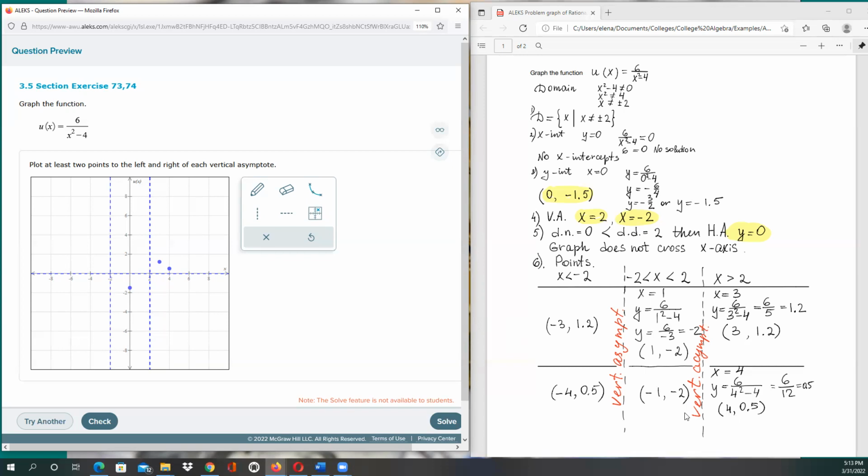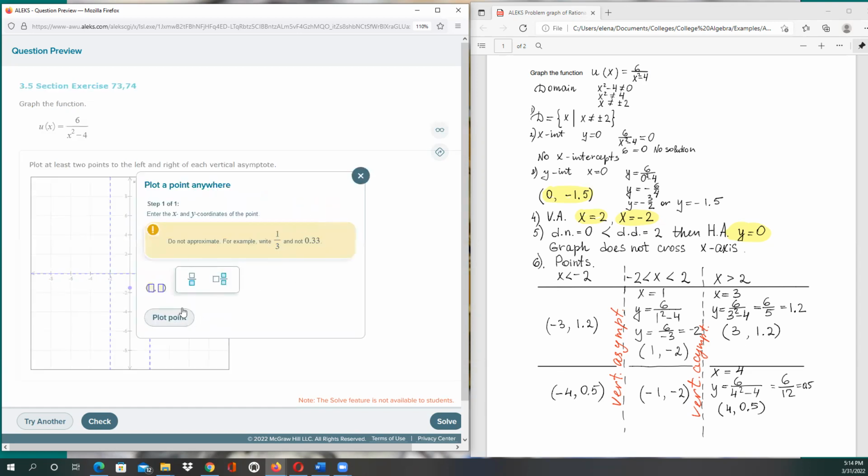For x equals 4 and for x equals -4, the values of y are the same. If you're confused about that, you can always evaluate this expression for any value of x, for x equals -3, for x equals -4. Okay, we just save our time and use that the function is even.